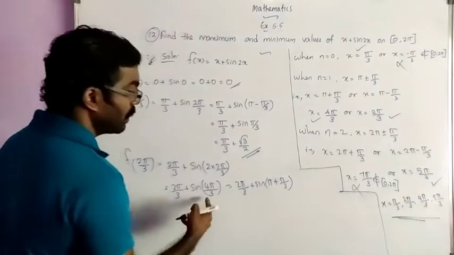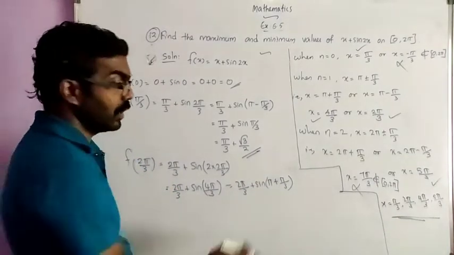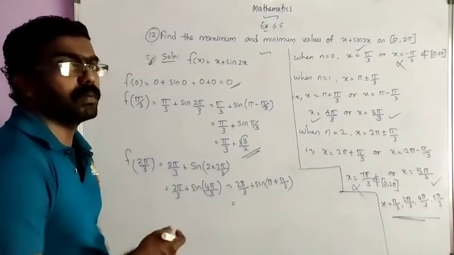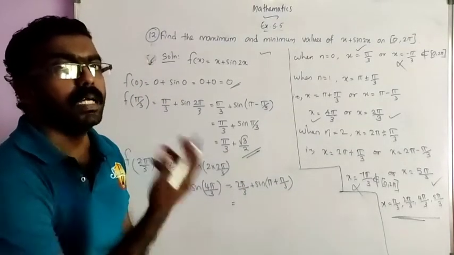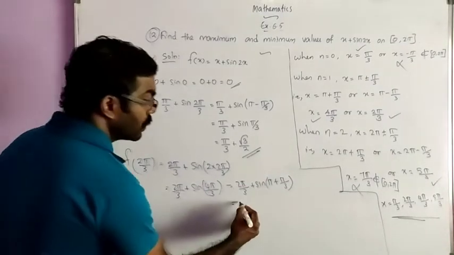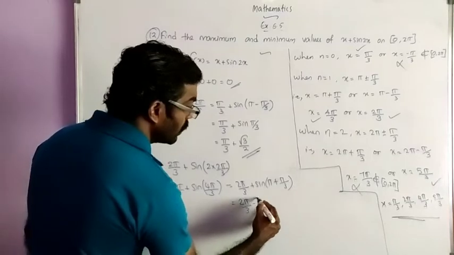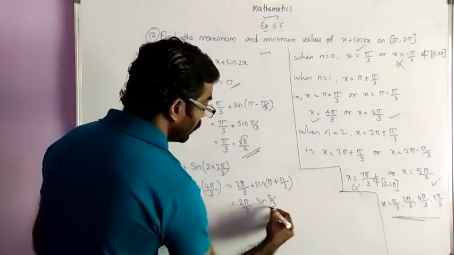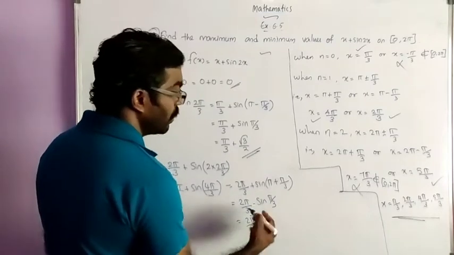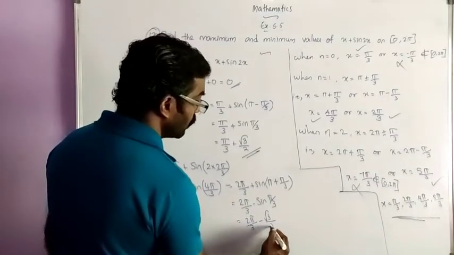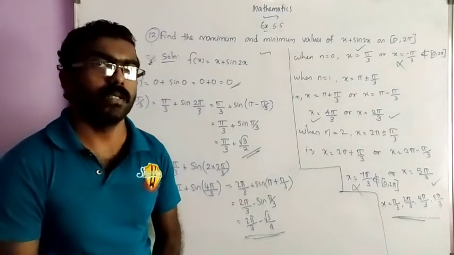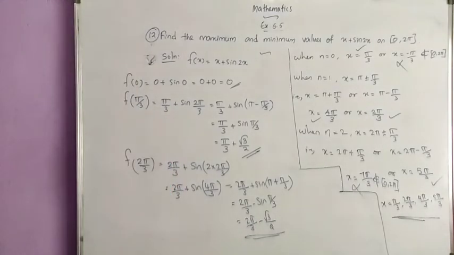On cross multiplication we get 3 pi plus pi, 4 pi by 3. And sine pi plus theta is minus sine theta. It's in the third quadrant. In third quadrant sine is negative. So 2 pi by 3 minus sine pi by 3. Again we can put the value of sine pi by 3, it's root 3 by 2. So 2 pi by 3 minus root 3 by 2. Clear?